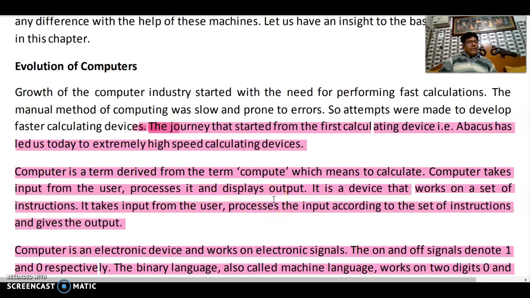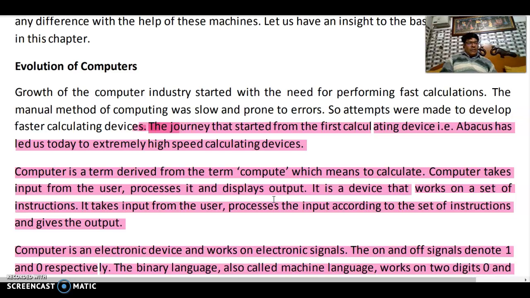Basically, if you consider one machine like a washing machine, if you purchase and use it, you have to give the input, that is the dirty clothes, and you have to give the washing powder and the water. All these are input.